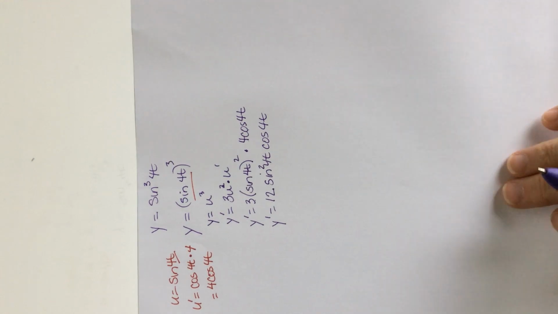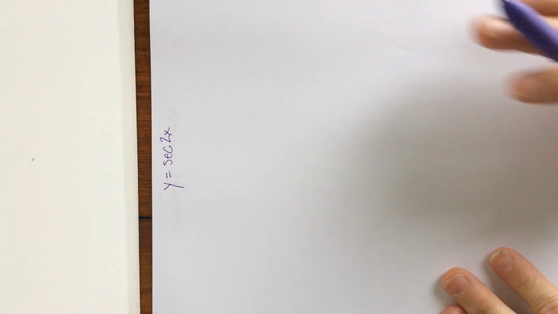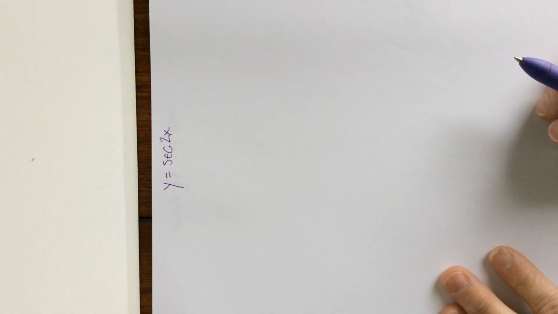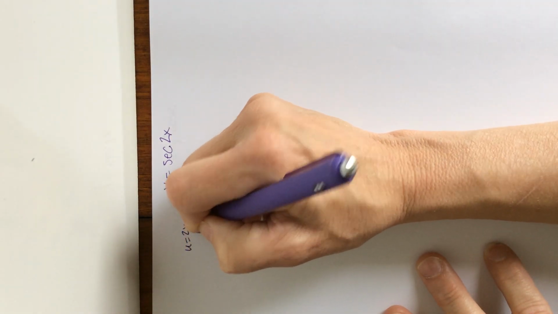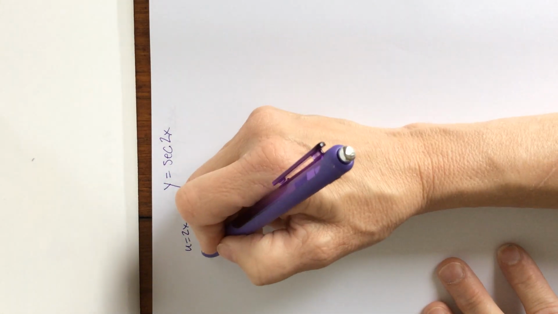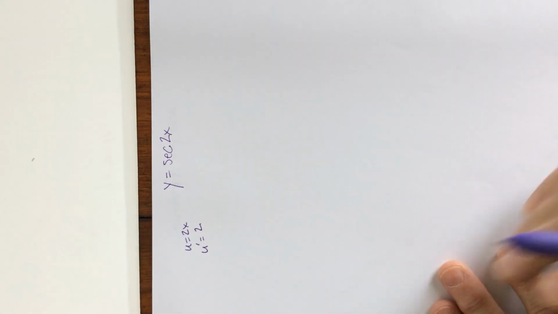All right, so a couple more. Let's move on. So now let's take a look. We have y equals the secant of 2x. I'm going to let u equal 2x. The derivative, u prime, will be 2.